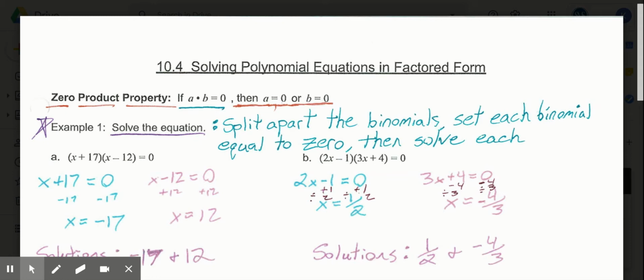In this lesson, I'm not going to go too much into depth on factoring or the process of it. We are just going to accept that these equations or polynomials have already been factored for us, and we are just looking at the process to solve for our variables.